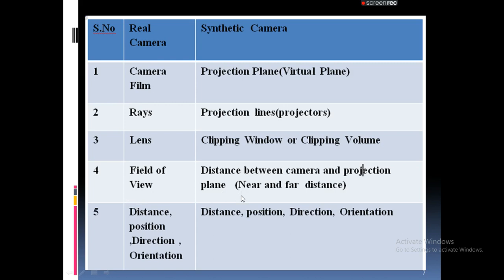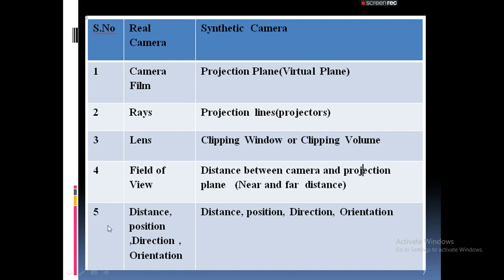That is how to define the distance between camera and projection plane in synthetic camera: we need to decide what is the near distance and far distance with respect to camera and projection plane. So when you specify near distance and far distance, then only we will get 6 different two-dimensional clipping planes in case of synthetic camera.